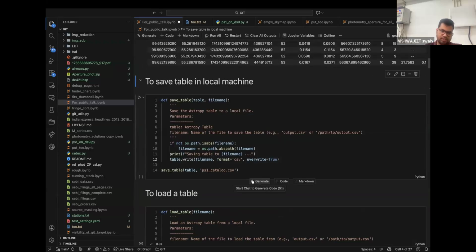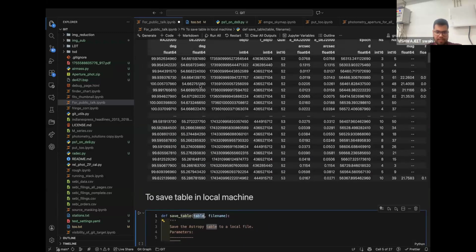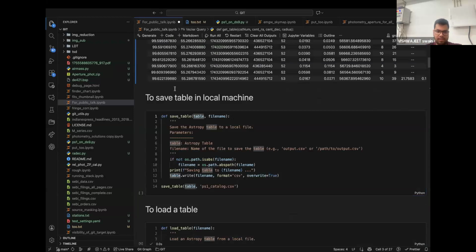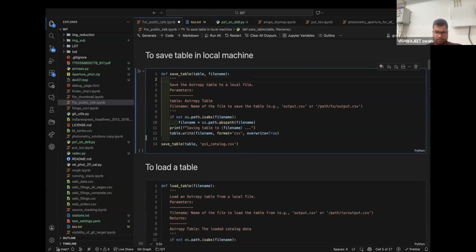It is better to save it on some local machine. So this particular function is made to store the table. Here the table is saved in this particular variable, and then using that variable you can just put the file name and save it, and then it will tell you where it gets saved.